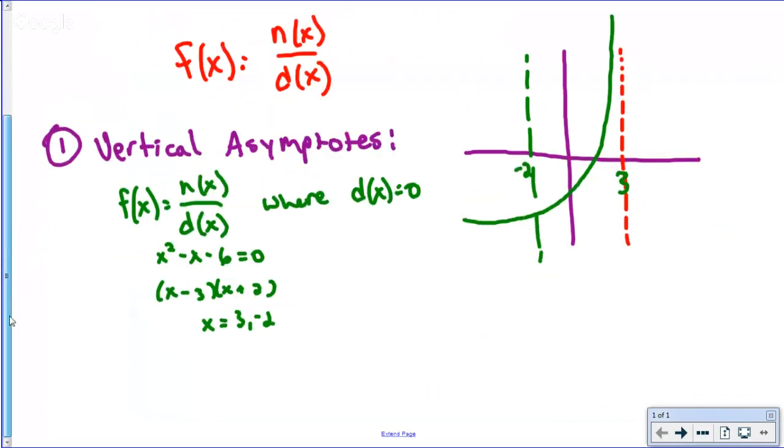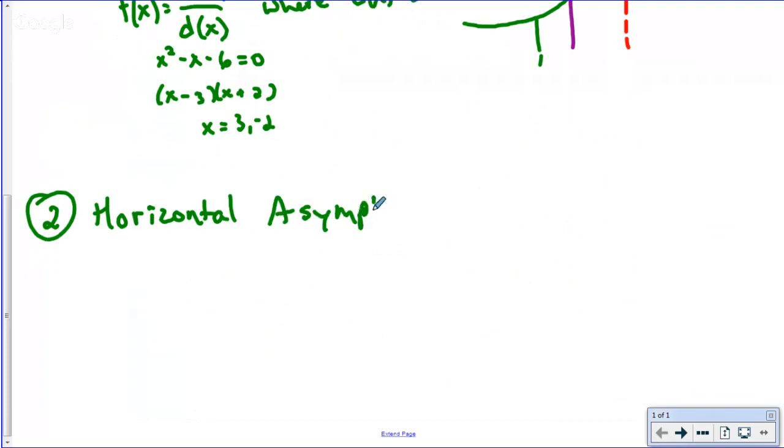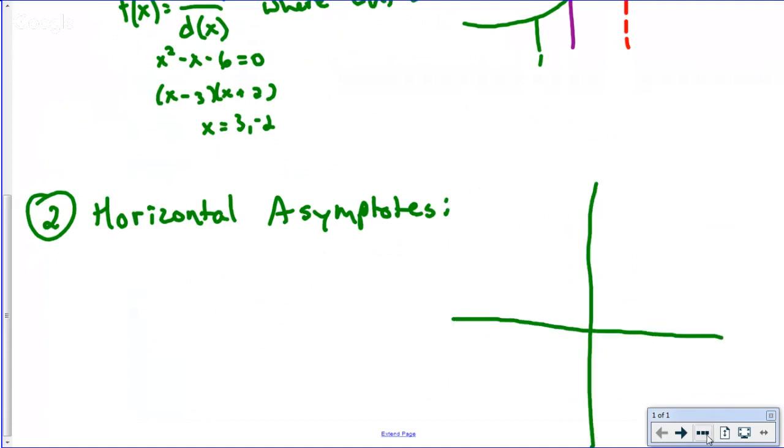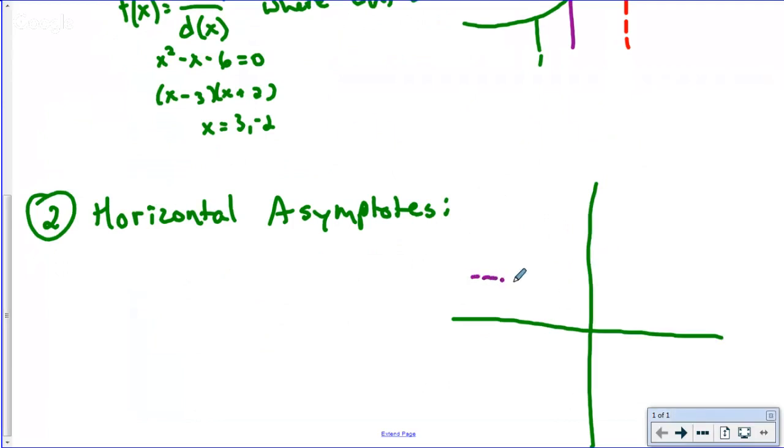We also have horizontal asymptotes. Number 2, horizontal asymptotes. Like the vertical asymptote, it is an imaginary line that your graph will approach.